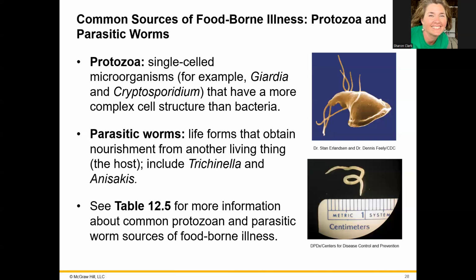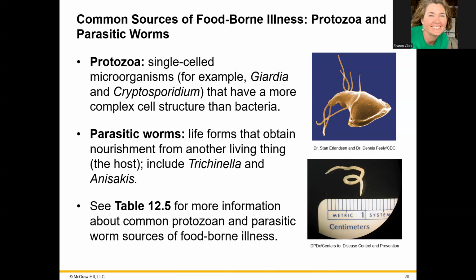And then lastly, we'll finish up today with protozoans and parasitic worms. Your protozoans are single-celled microorganisms, mostly, not all, but mostly waterborne.